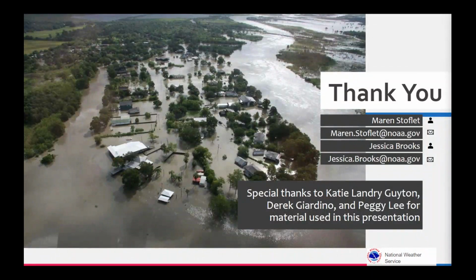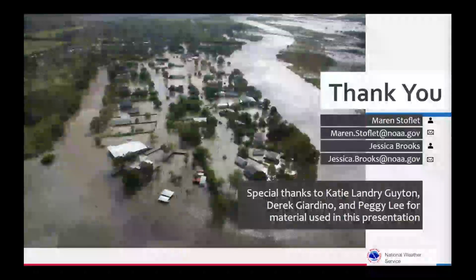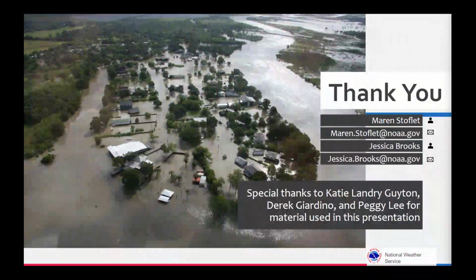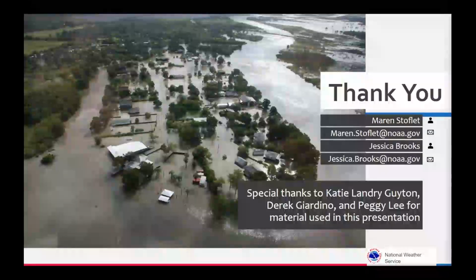So that's something that we continue to work with our core partners on: how we're going to integrate all of our different inundation mapping together and work together to provide the best services to the public and to all of our collective partners. So at some point that will be touched on.